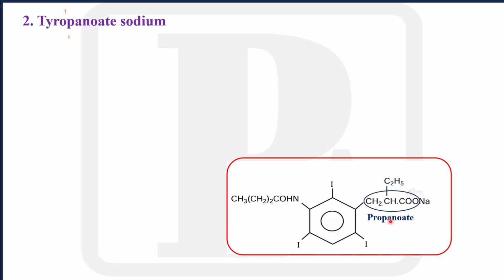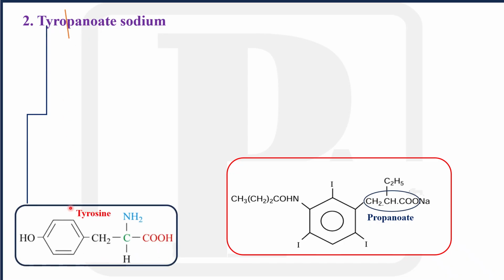For understanding, we are dividing the word thyropanoate into thyro and panoate. Thyro is indicating the presence of the amino acid called tyrosine. In an amino acid, there is a center carbon that is connected to 4 groups. Two are mandatory, that is the amino and acid groups. The third one is H, and the fourth substituent may vary for all the amino acids.